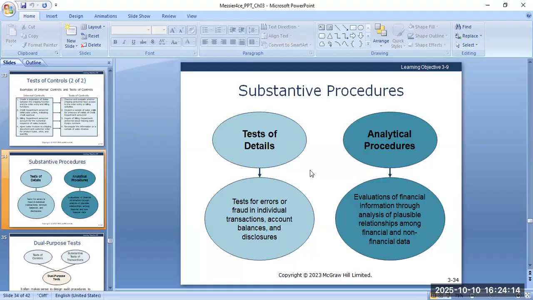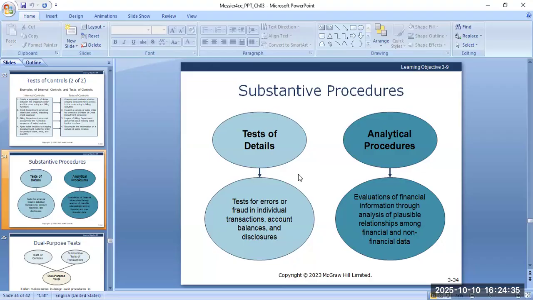The last one is the substantive procedures. On the substantive procedures, we can have tests of details and we can have analytical procedures. In the test of details, we're going to test for errors or fraud in a single transaction, in account balances, or in disclosures.